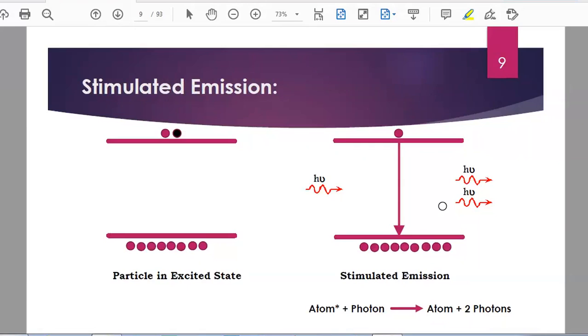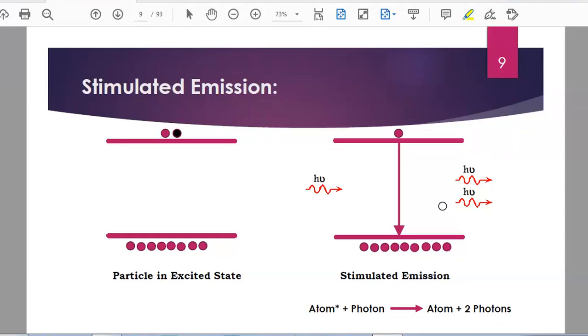And how are we forcing it? Via supplying some amount of energy. The same amount of energy which you gave at the beginning, you need to supply again so that the excited particle can come down to the lower level. So if you look at the process carefully, it again depends on two factors. One, the number of particles. Two, the amount of energy supplied from the external source.